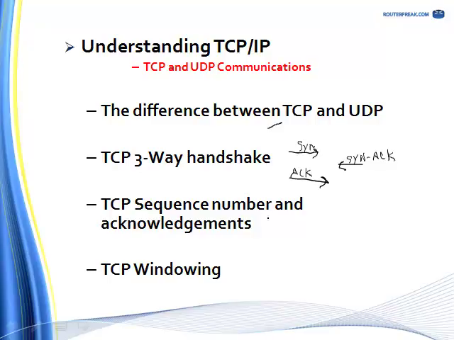We reviewed TCP sequence numbers and acknowledgments of those TCP sequence numbers. We showed how when a TCP packet is sent, it'll be sent with a sequence of 2, and the remote end will send his own sequence packet, right?